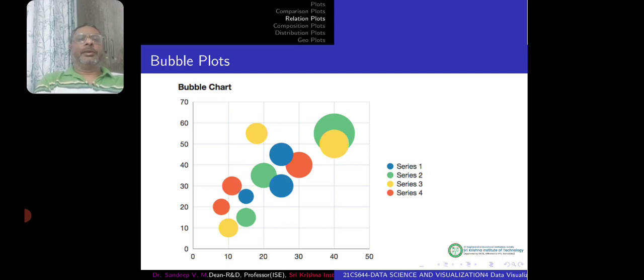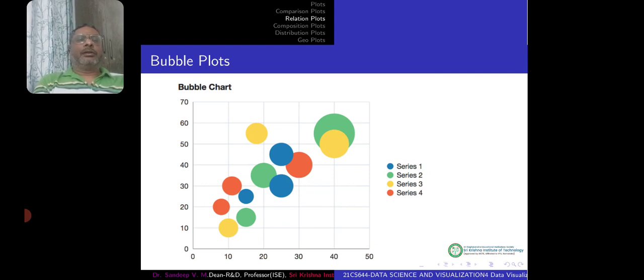So a bigger bubble, more value; smaller bubble, less value. And their position will represent the x and y axis values. Color represents the category.